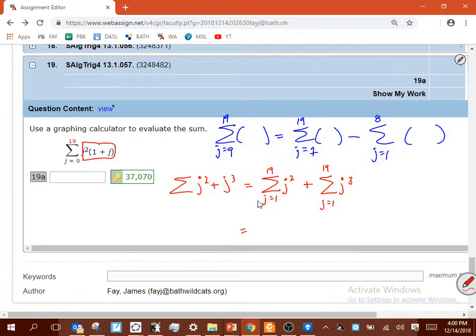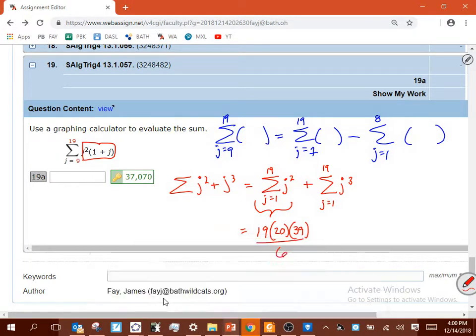So instead of writing out 1 squared plus 2 squared plus 3 squared plus 4 squared all the way to 19, I'm going to write n, n plus 1, 2n plus 1, so 2n plus 1 would be 38 plus 1, 39, all over 6.